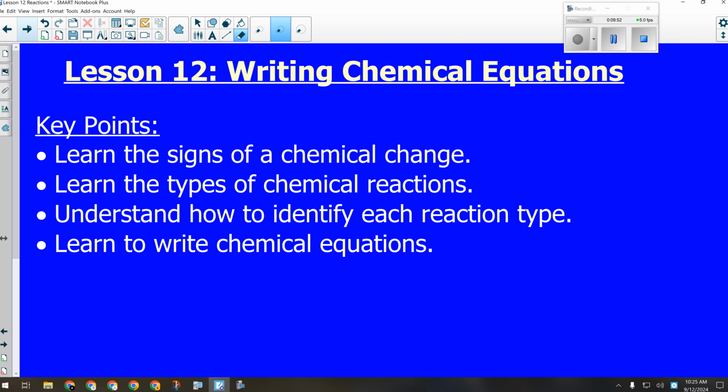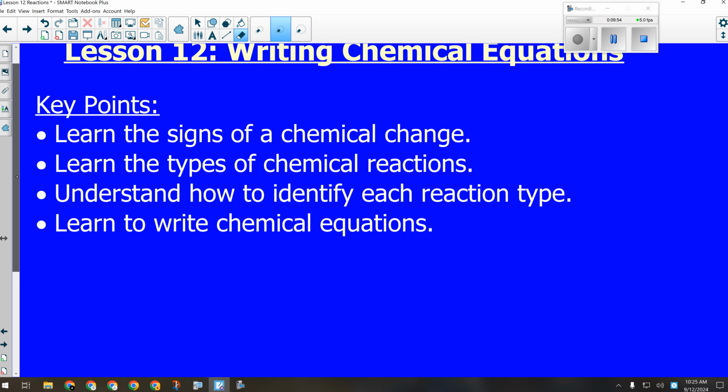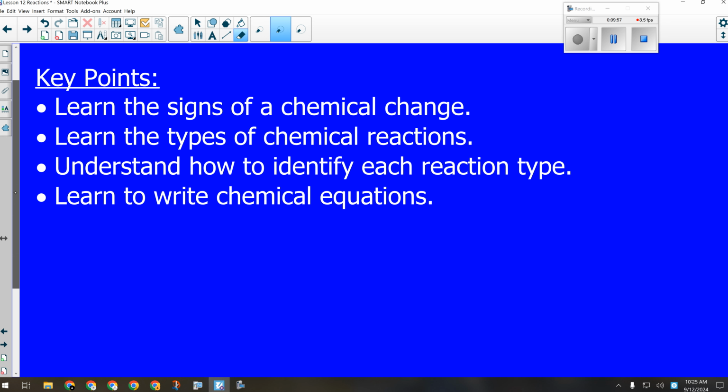Now, according to Dalton, in a chemical reaction, atoms can be separated, they can be joined, they can be rearranged. So in a reaction like this, does that follow what Dalton says?